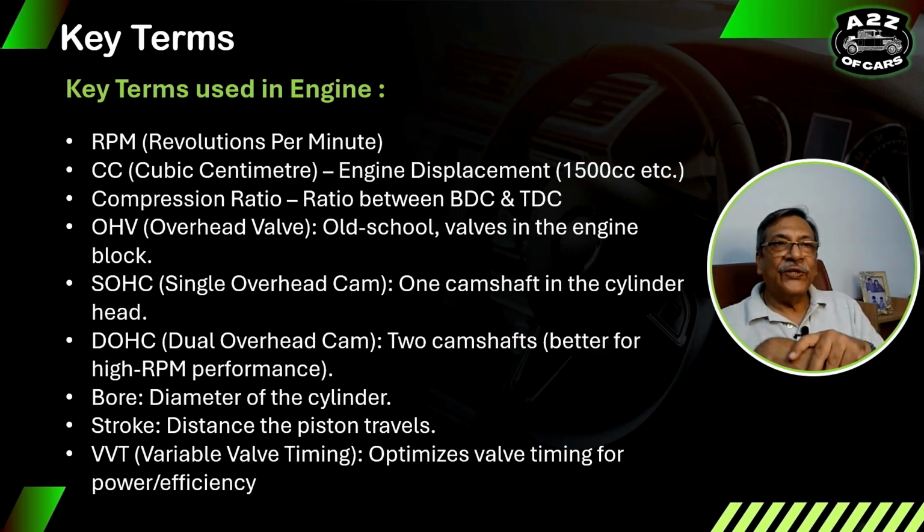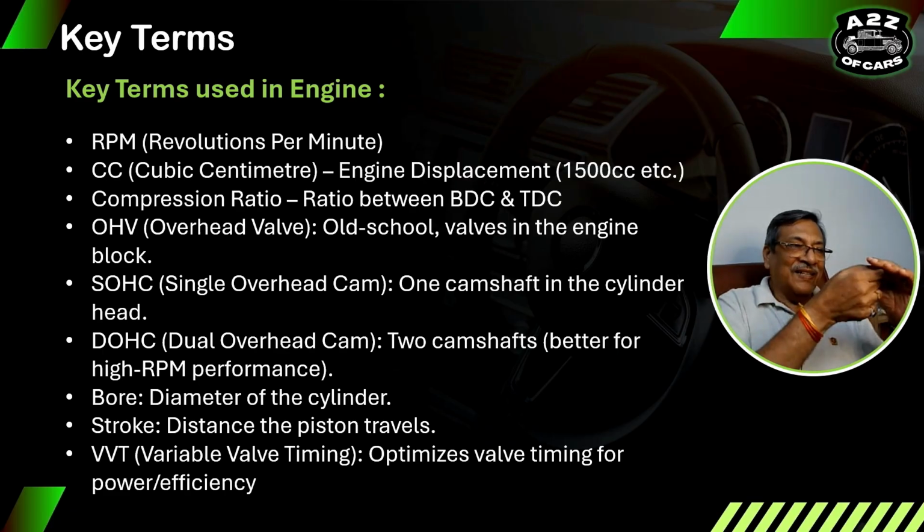So compression ratio, there's a ratio between bottom dead center and top dead center, right? So in a cylinder you have a piston. The piston is going up to this level and coming down up to this level.